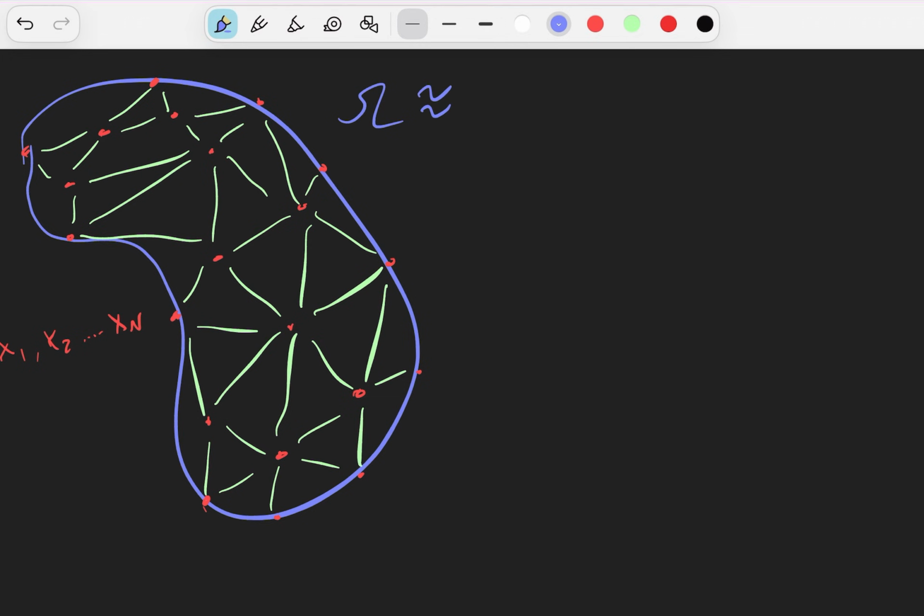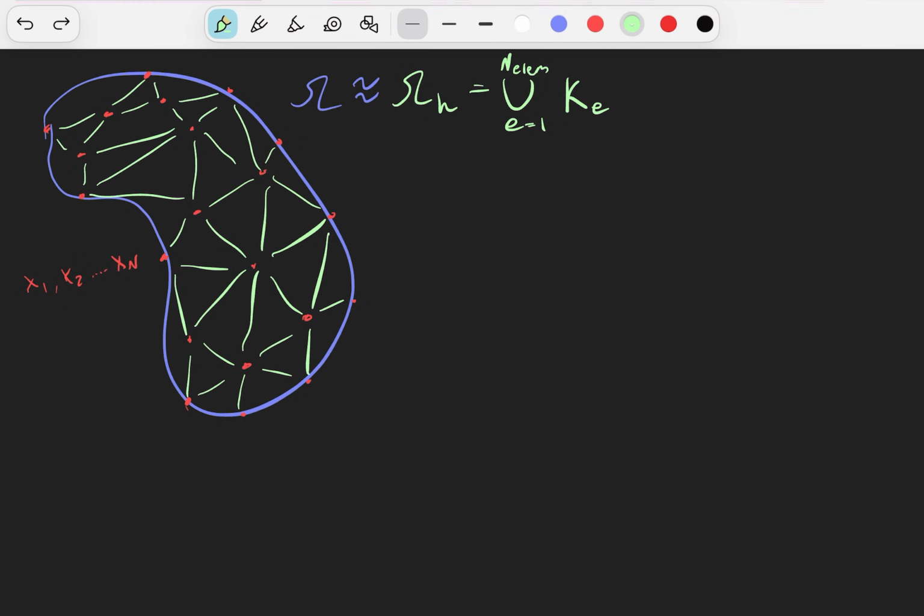I'm not being super rigorous, but just to get the general idea, we can approximate the domain into really this, omega sub h, which is equivalent to the union over all of the elements, so just the number of elements that we're using, and let's just index by e, where k of e would just represent a particular element. If we were to take the union of all the elements, we would get the full domain.